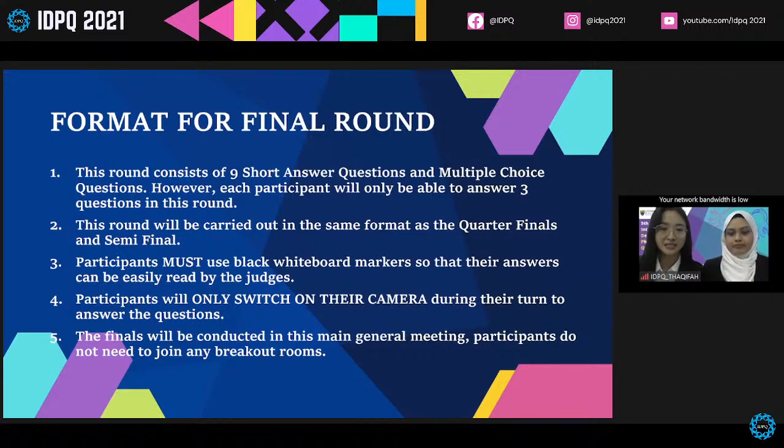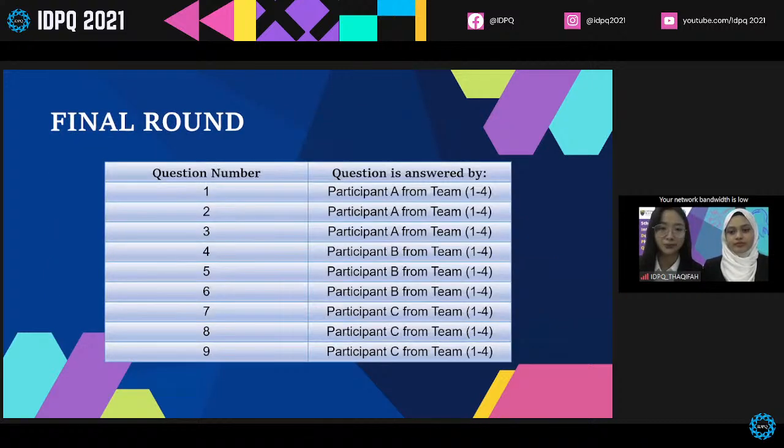Please be reminded that the same rules from the quarter and semi-finals apply to the final round. Participants must switch on their camera and unmute their microphone during their turns to answer the questions. Questions will be answered as shown in the table.